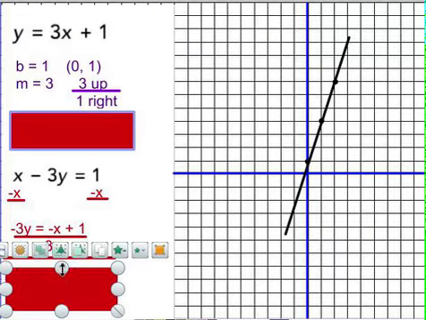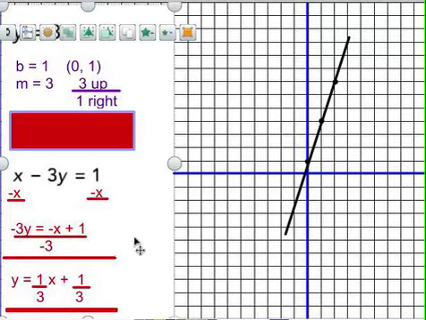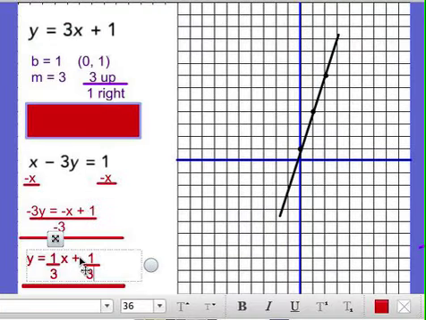So what we do is we leave everything as a fraction. So negative 1x divided by negative 3 becomes positive 1/3 x. Positive 1 divided by negative 3 becomes a negative 1/3.